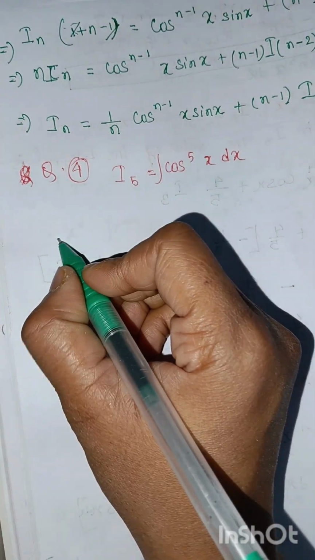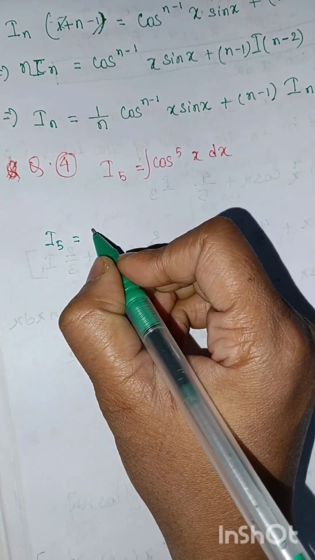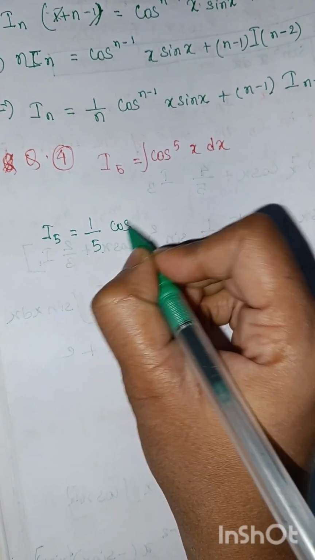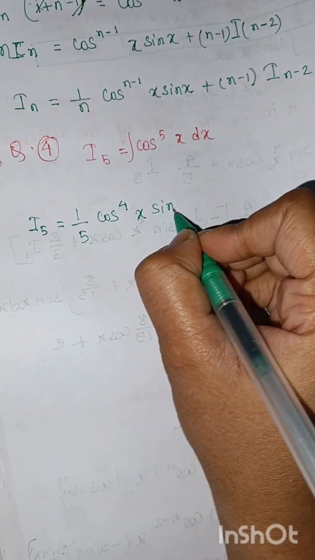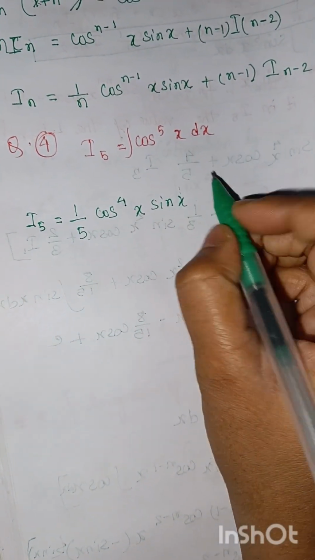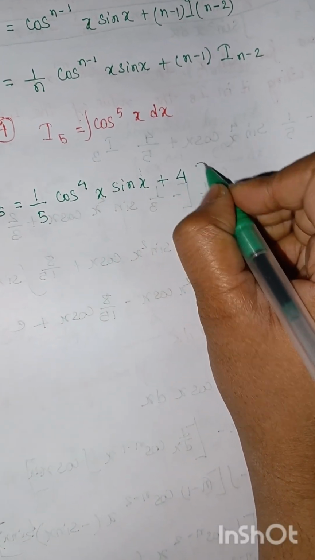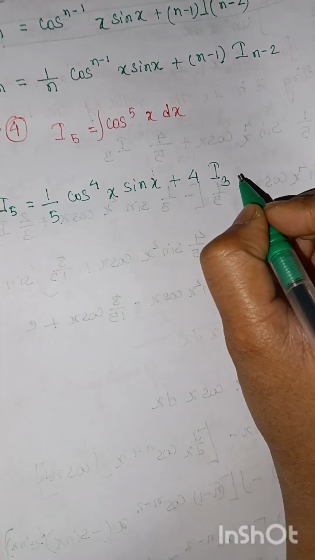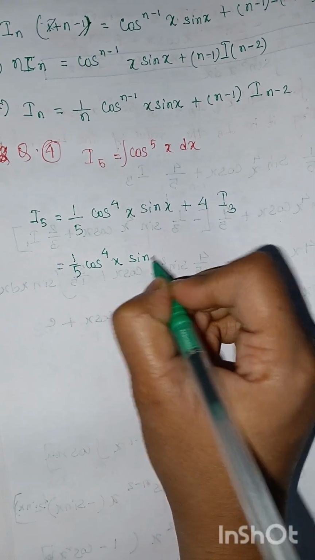From this equation, I5 is equal to, putting the value of n, 1 by 5 cos to the power n minus 1, that is 4, x sin x, then plus n minus 1, that is 4, right? I n minus 2, that is 5 minus 2, that is 3. So 1 by 5 cos to the power 4 x sin x plus 4 I3.